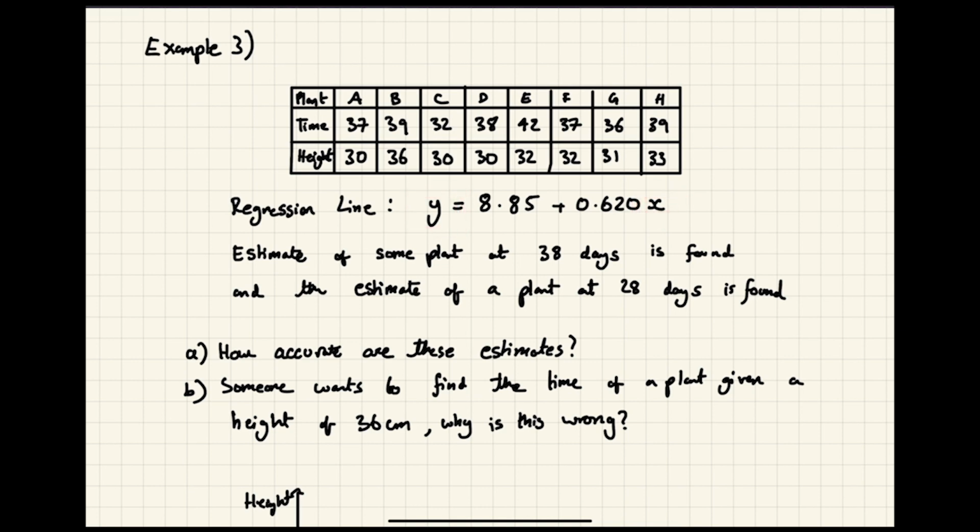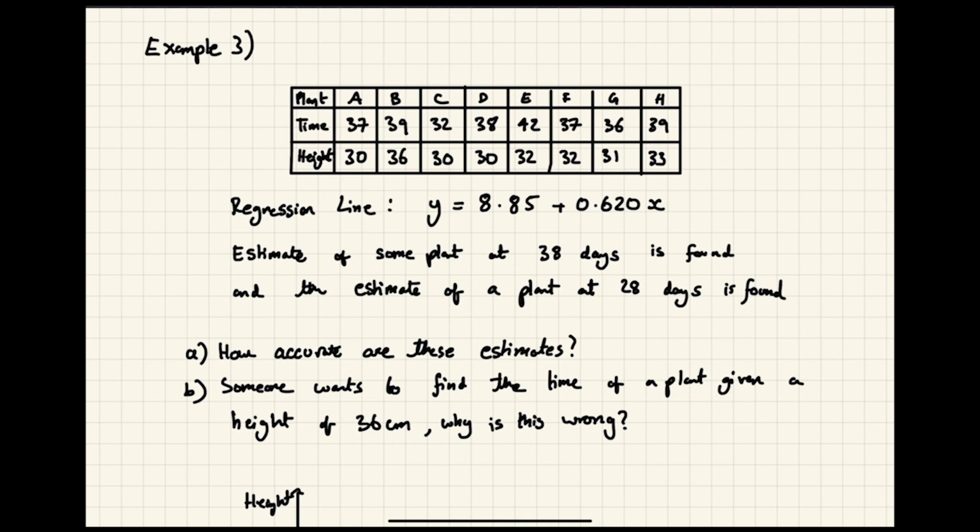Now, the reason this is wrong is, like we said before, you can only use the independent variable in order to find the dependent variable. So in this one, this is our independent side, and this is the dependent side. So we can't use a value over here on the y side to find a value here on the x side. If you had to give a reason for it, it is to say the independent variable in this model is supposed to be time.